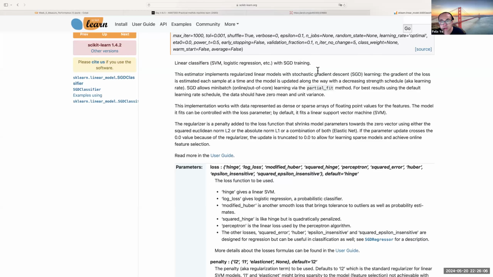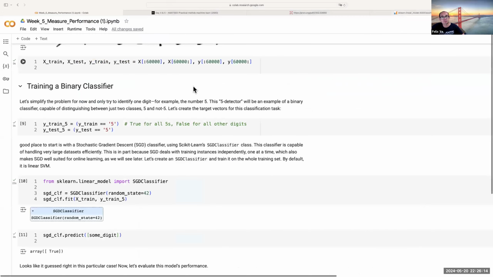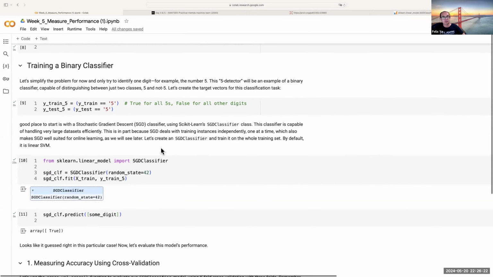With stochastic gradient descent learning, it is very robust and very efficient, and it can handle a very large dataset efficiently.